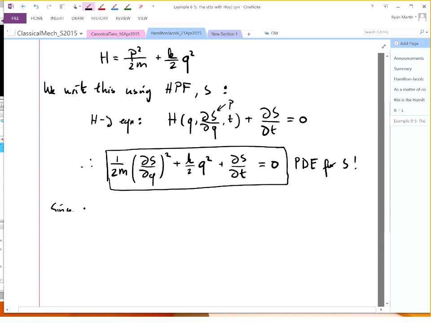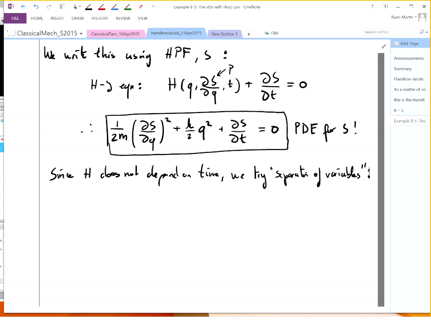So in this case, since H does not depend on time, we try separation of variables. That's the mathematical name of the method.